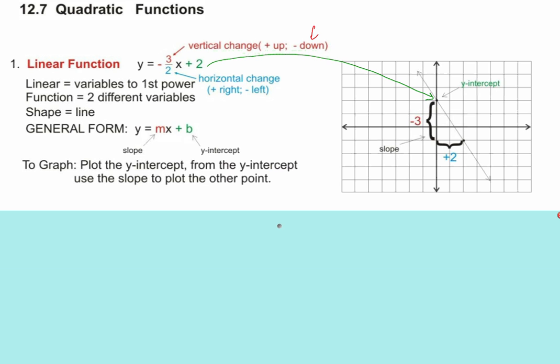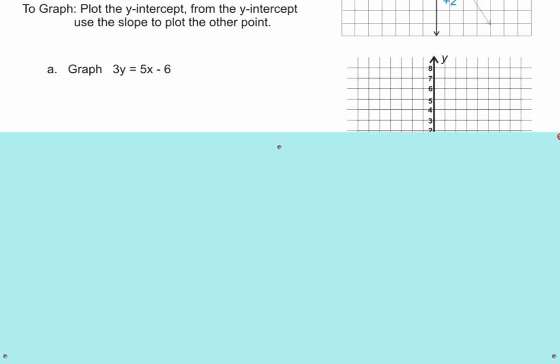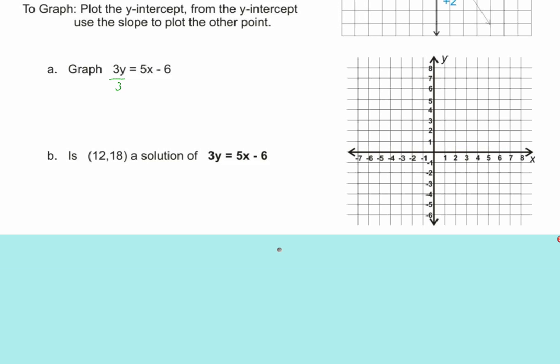It is quite important. So just by way of refresher, why don't you go ahead and graph that? Just worry about A right now. Graph 3y equals 5x minus 6. If you're not sure what to do, you can look up for a reminder.